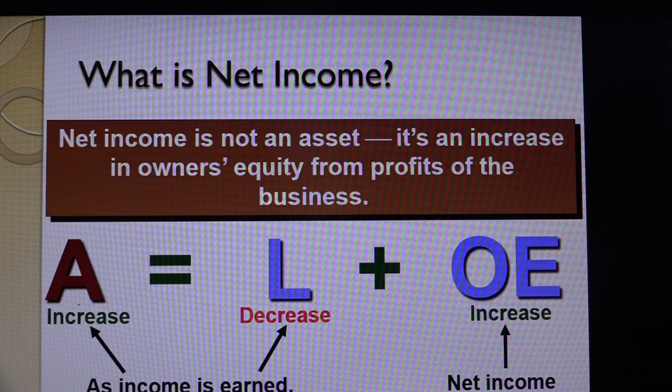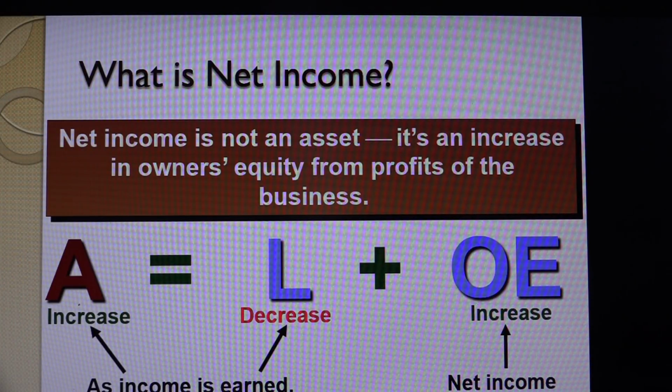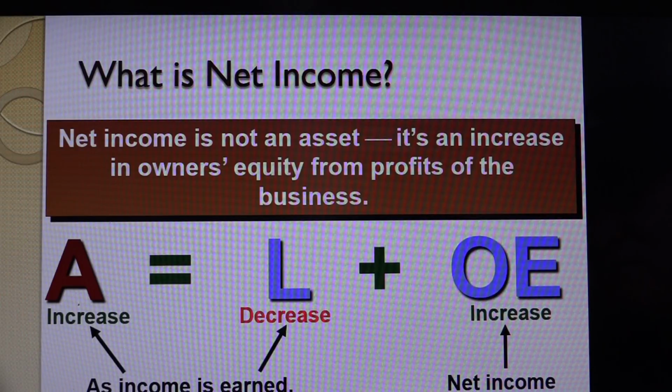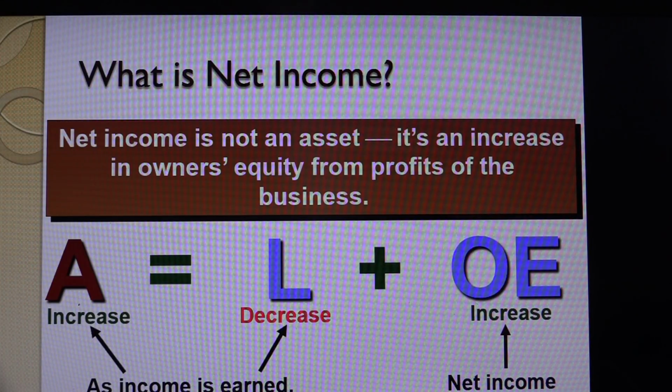And so this is when we get into this owner's equity account, and some things are debit balances, some things are credit balances, some things increase, some things decrease. If you have net income, meaning you have more revenues than expenses, you have net income. And that net income always increases owner's equity.